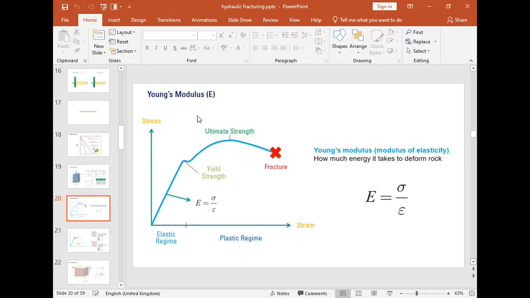So some materials will extend beyond this particular yield point larger than others will extend. That's why we now have to also incorporate what we call the Young modulus into it. How much energy is required to deform the rock. That is what Young modulus is all about. It's coming in to define how much energy is required to deform that particular rock.